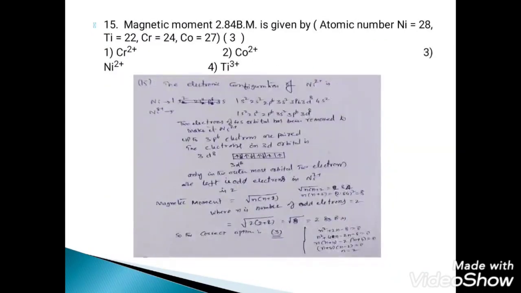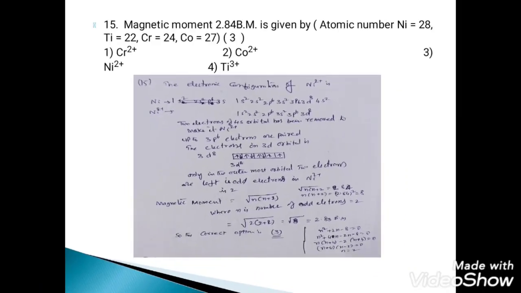Then coming to the 15th question: magnetic moment has been given. Magnetic moment is 2.84 BM. Which of the following atomic numbers will give this magnetic moment, that is 2.84 BM?